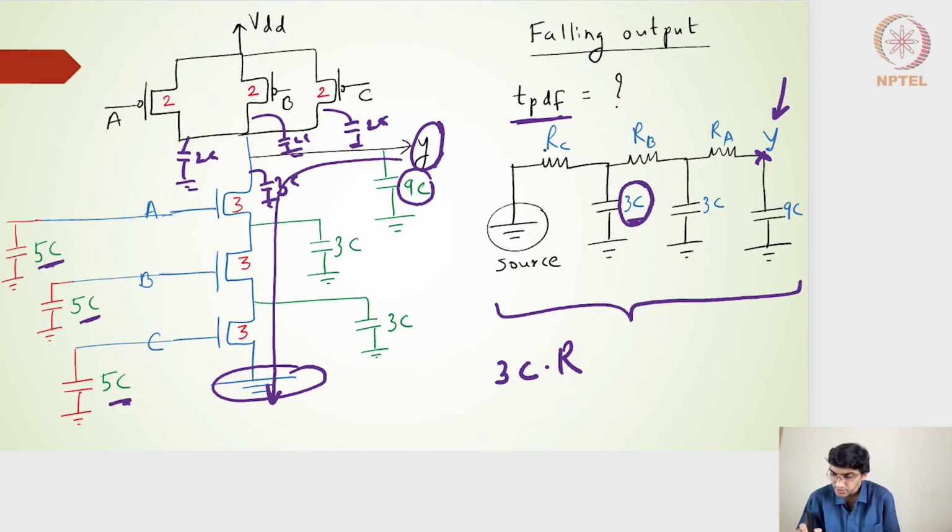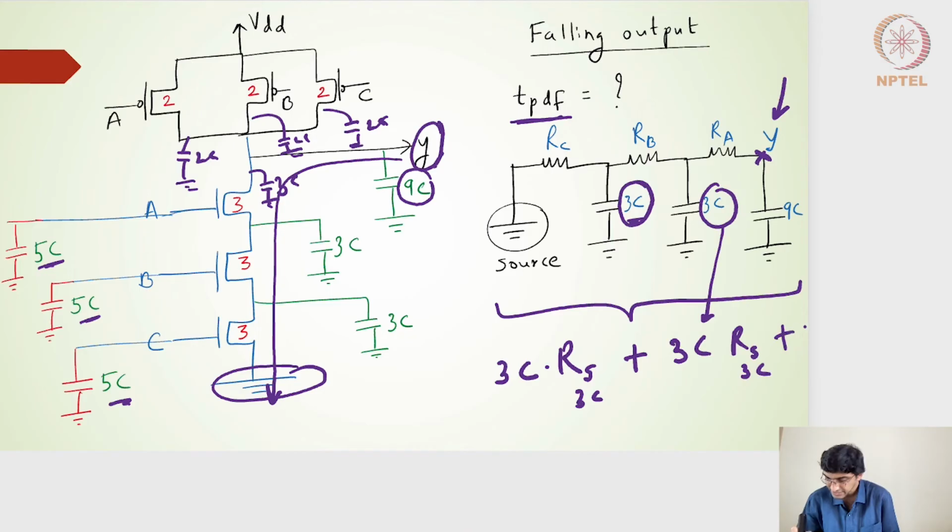Alright, so I need to find out the shared resistance. So the shared resistance for this particular 3C capacitance, plus this particular 3C capacitance. And I need to find out the shared resistance for this particular 3C capacitance, and finally this 9C capacitance, and then the shared resistance for this 9C capacitance. So this is what I need to find out, which will give us the propagation delay for the falling output.